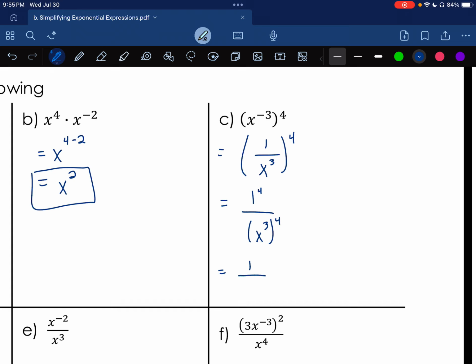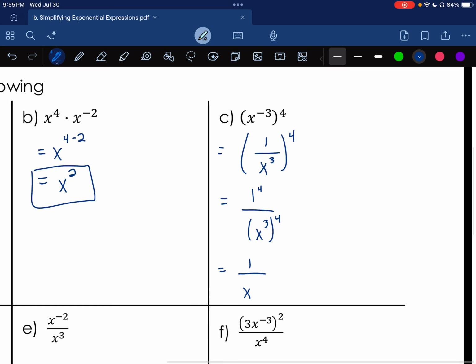So let's go back and think about what properties we used here. First, we took care of that negative exponent. Then we did power of a quotient. And then we did power to a power. This is something I call annotating.